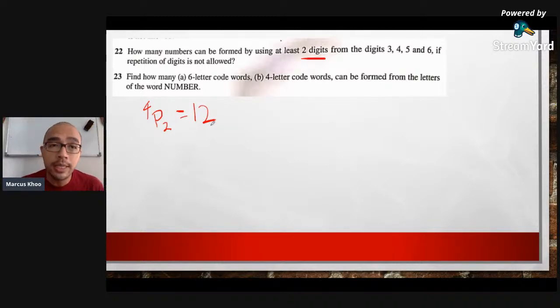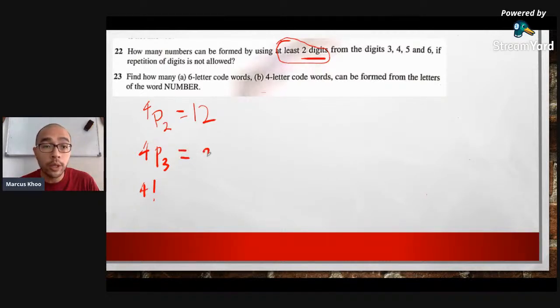But the question says at least 2 digits. At least 2 digits means if you can have 4P2, you can also have 4P3. And you can have 4, and you want to permutate everything, 4 factorial. So you find that 4P3 will give you 24.